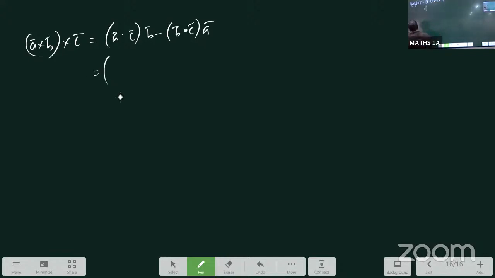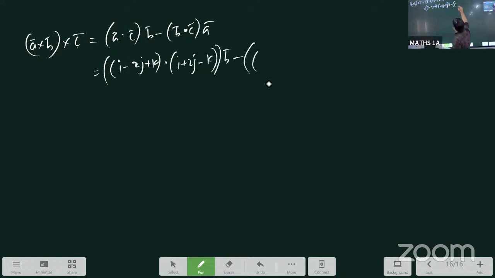Now A bar dot C bar, again same approach. I minus 2j plus k dot product with I plus 2j minus k, b bar. Now next, what is b bar? 2i plus j plus k dot product with i plus 2j minus k into a bar.